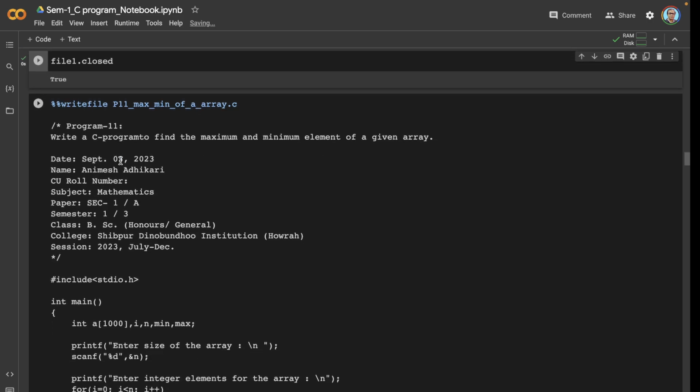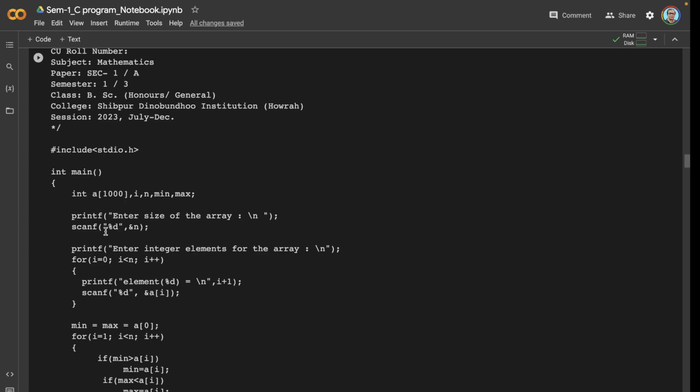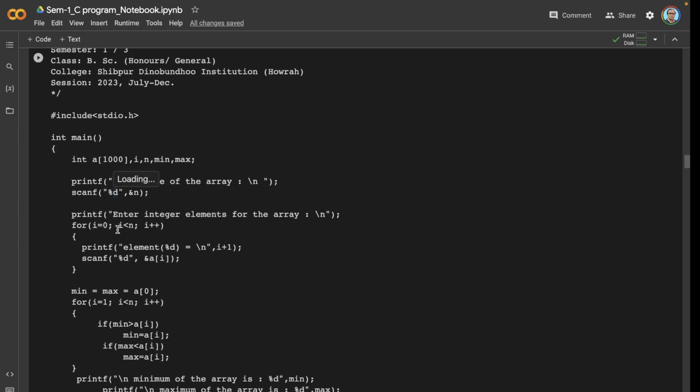Next, problem 11. Write a C program to find the maximum and minimum elements of a given array. Here, integer A is a one-dimensional array of size 1000, and i, n, min, max are integer variables.